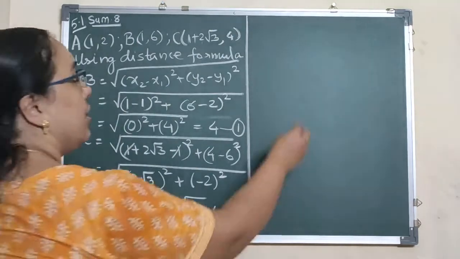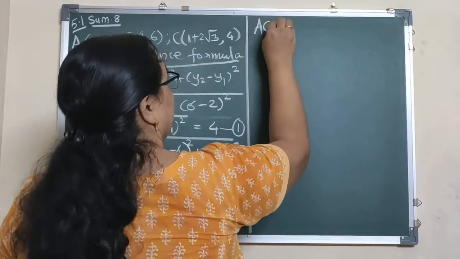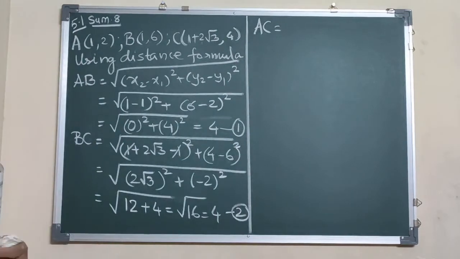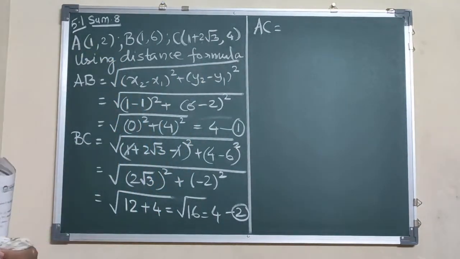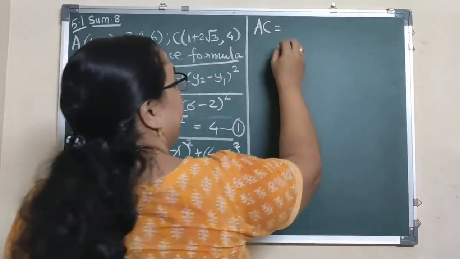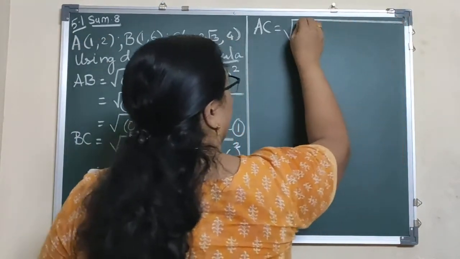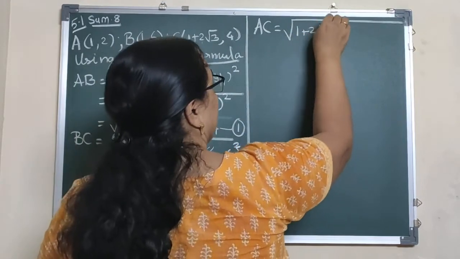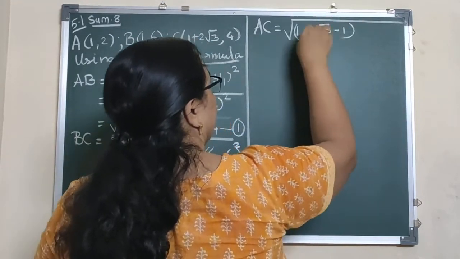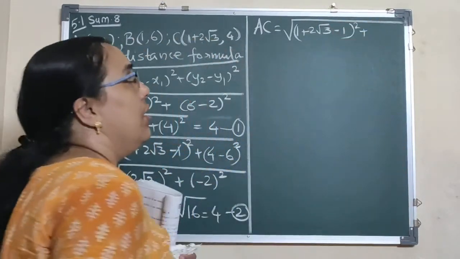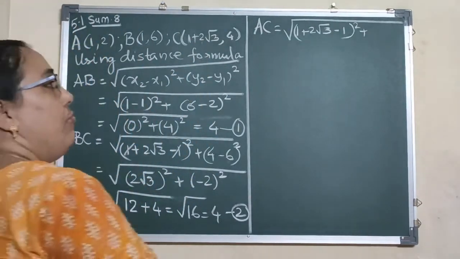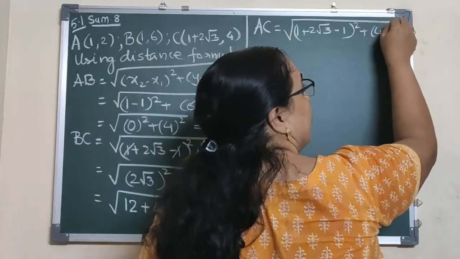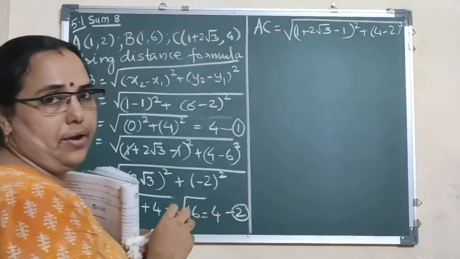Okay, since I took this first, it was easier for me to calculate. So here also I will take it similarly. 1 plus 2 root 3 minus 1 plus 4 minus 2 the whole square.